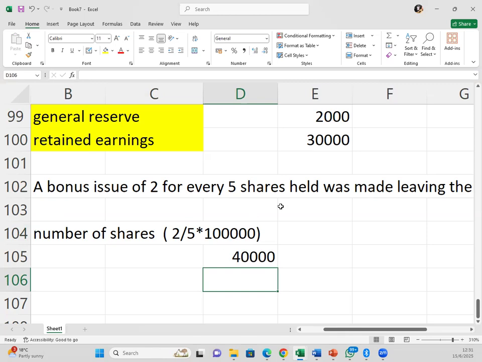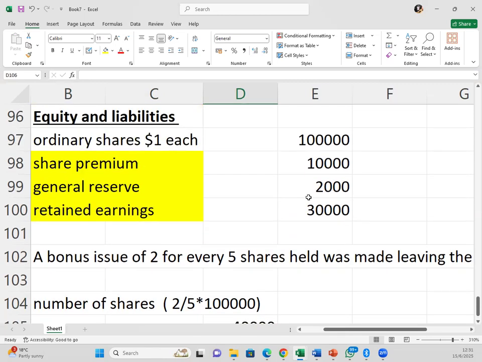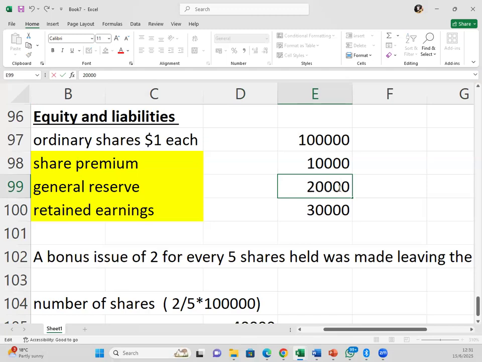May I adjust the question? Let's add a 0 to the general reserve, from 2,000 to 20,000.